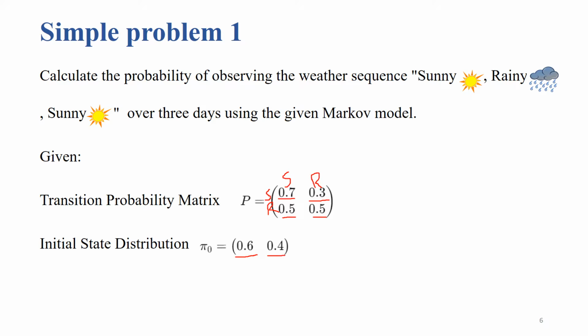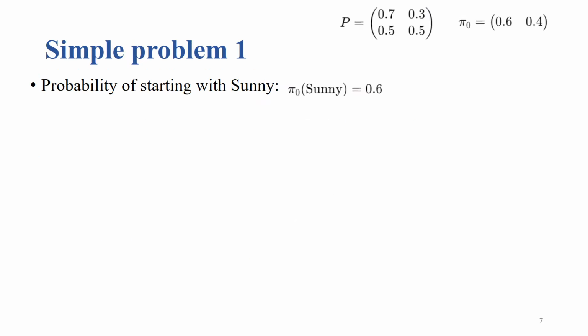In this problem, we need to calculate the probability of the weather sequence sunny, rainy and sunny. The values given here are the transition probability matrix and the initial state distribution. The probability of starting with sunny is pi naught of sunny, that is 0.6.